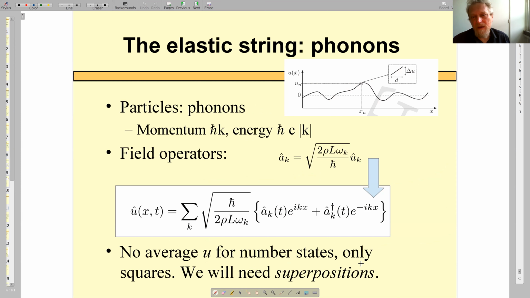So let me recall one of the examples we considered in the previous lecture. That was the elastic string, and quantized oscillations of the string are called phonons. Phonons are present in any solid state, in any elastic medium. Quantized elastic motion. All right, let us understand what they are.